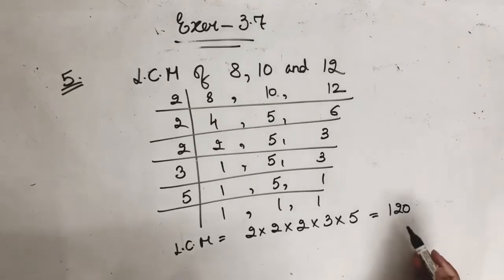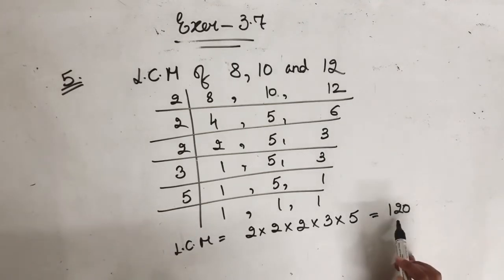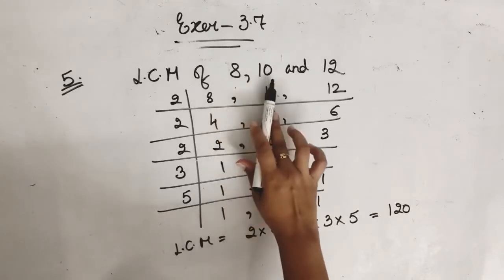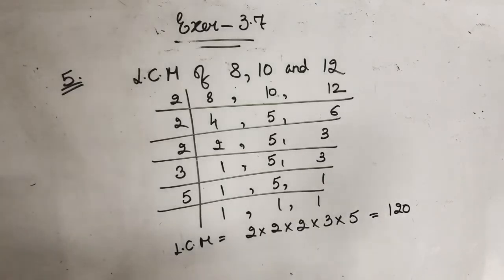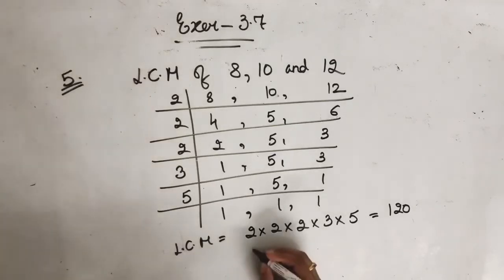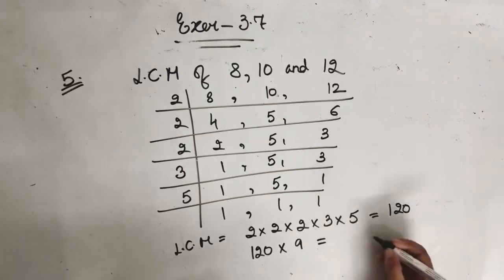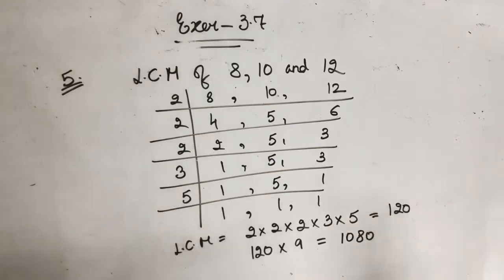It means again we'll find a multiple of 120, because a multiple of 120 will also be a multiple of 8, 10 and 12. So 120 into 8 is 960, and 120 into 9 is equal to 1080.